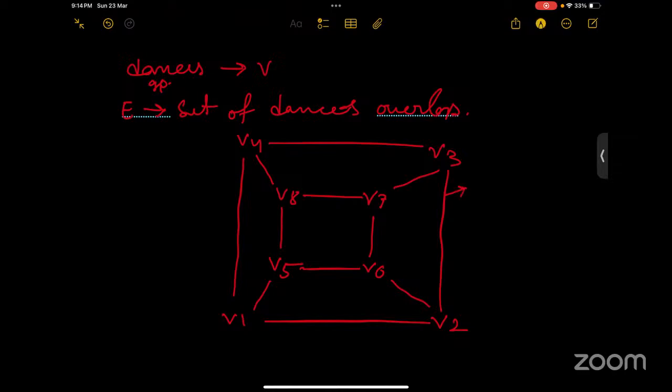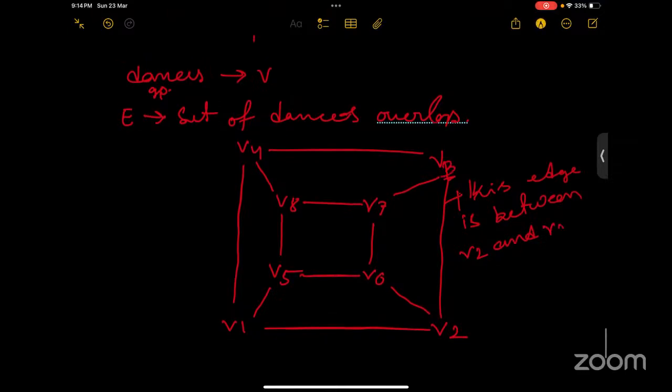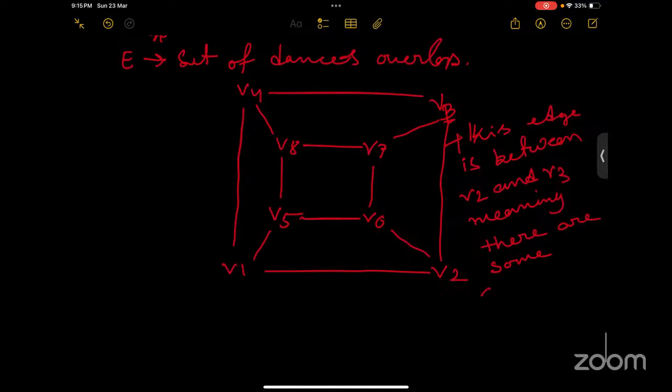Now there is an edge. If I take this edge from V2 to V3, this edge is between V2 and V3, meaning there are some common dances in V2 and V3.